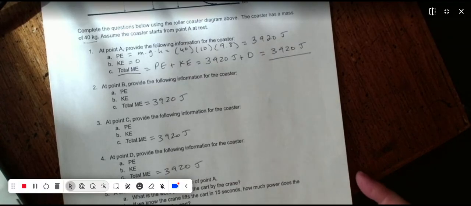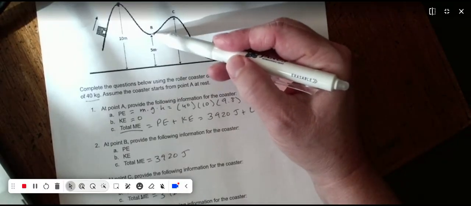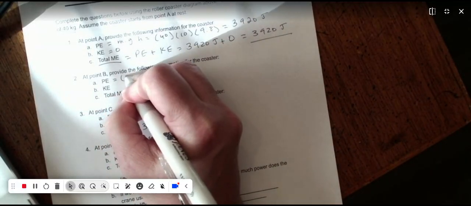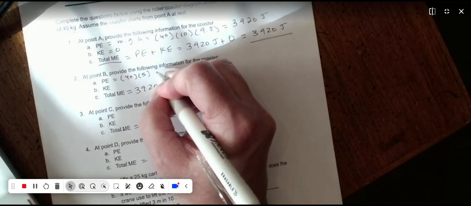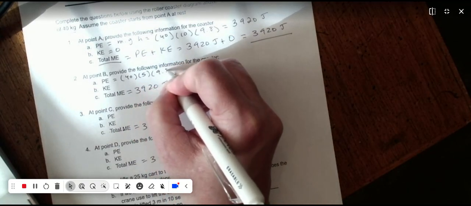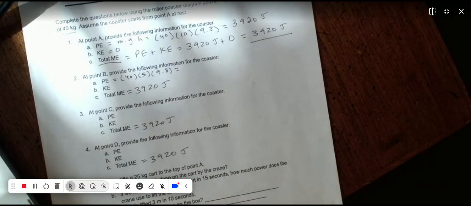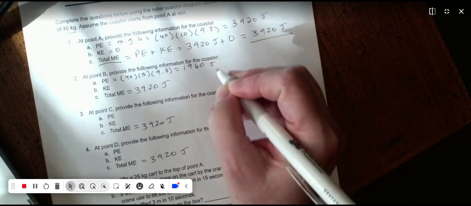Okay, so point B, we're at 5 meters height. That's this point right here. And that's potential energy 40 times 5, because that's my height there, times 9.8. It's actually going to give me half of what I had before, because I'm at the halfway point in terms of height. So I'm going to have 1,960 joules of energy there.